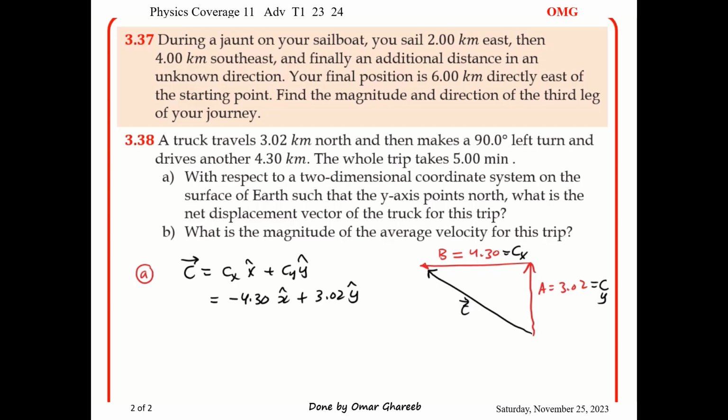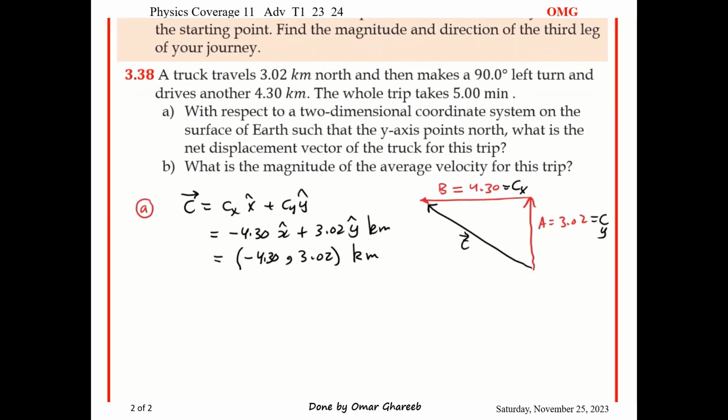That's it. This is the displacement vector. In Cartesian notation, you can write it like this: minus 4.3, comma, 3.02. Don't forget the unit kilometer.